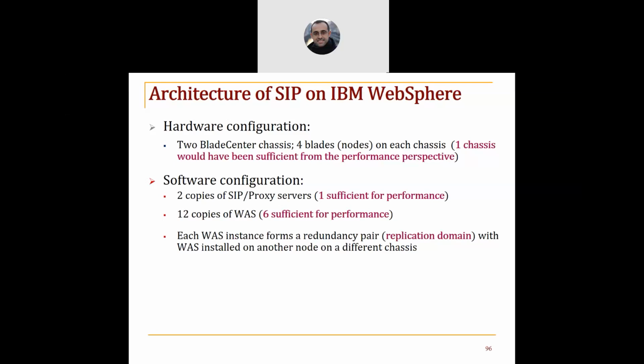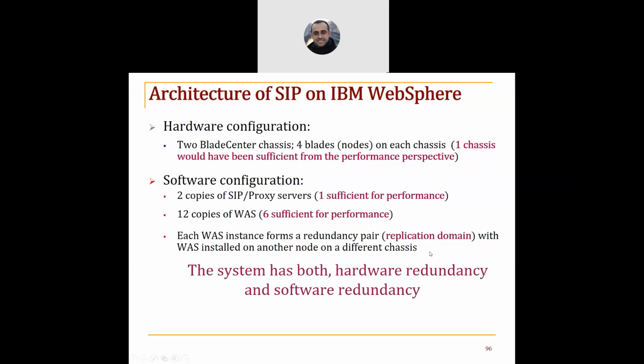Each app server instance forms a redundancy pair or replication domain with a corresponding application server installed on another node on a different chassis, as we have shown in the previous picture. So the system has both hardware redundancy and software redundancy. Is that clear? It has hardware redundancy because it employs 2 chassis rather than 1 that would have been needed otherwise. And it has software redundancy in the sense of 2 proxy servers instead of 1, and 12 app servers instead of the 6 that would have been required for performance.